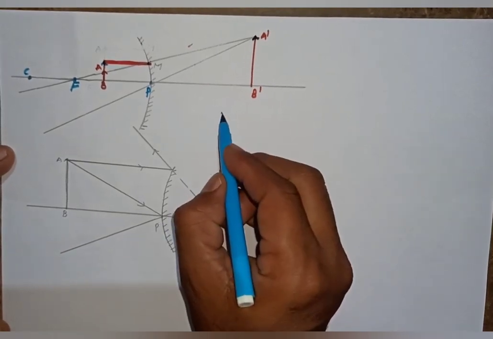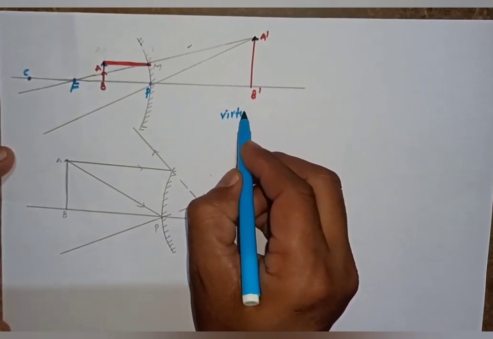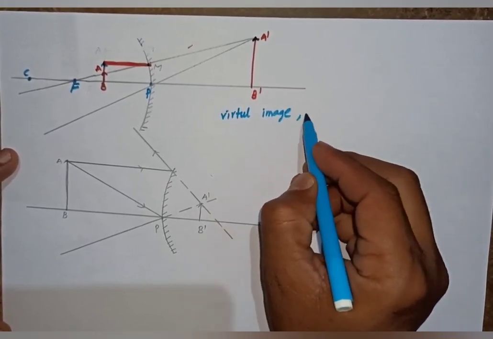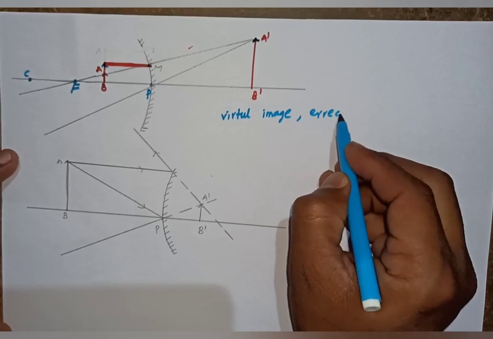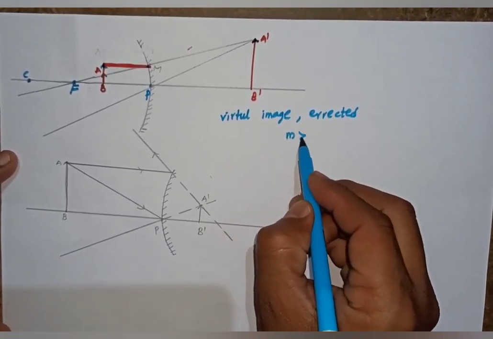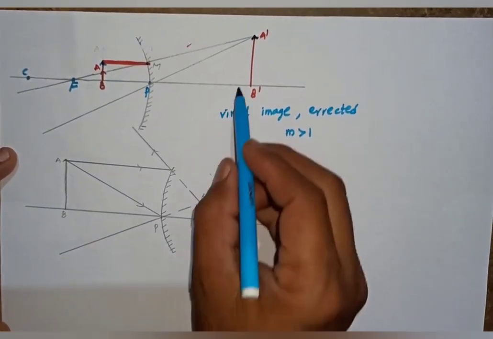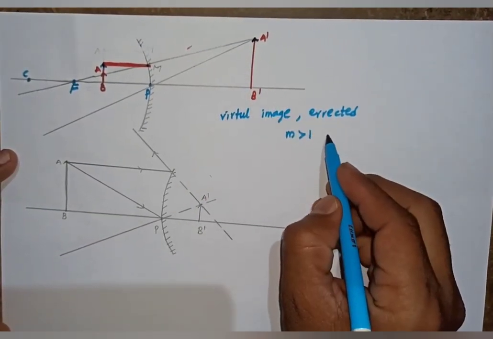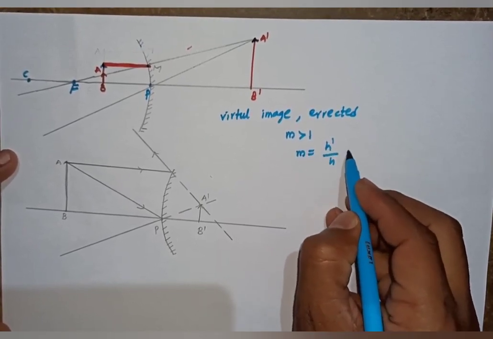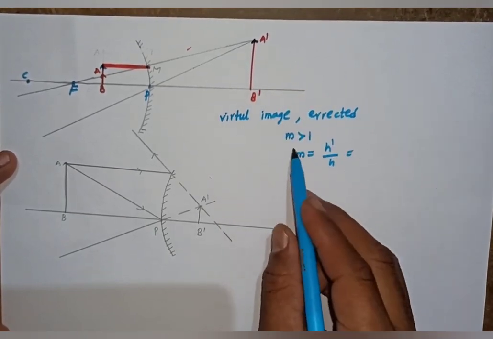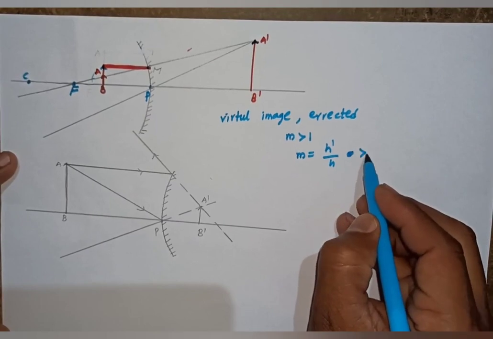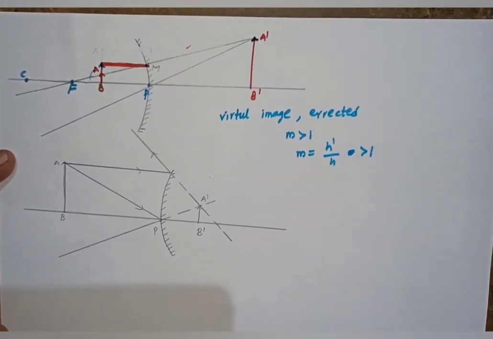So this is a virtual and erect image, and linear magnification is greater than 1, because m equals h dash by h, height of the image is more than height of the object. So here it is greater than 1.